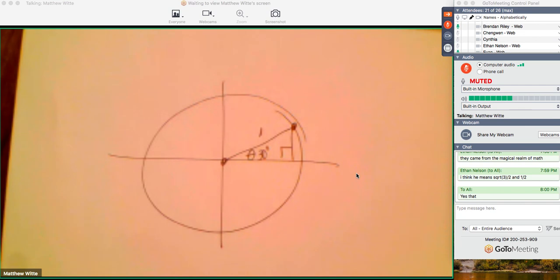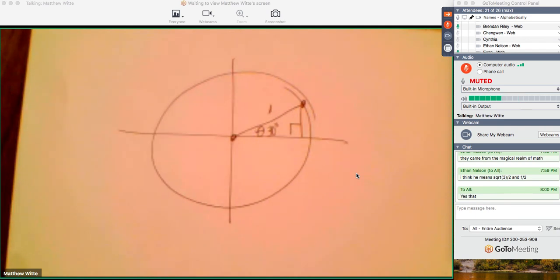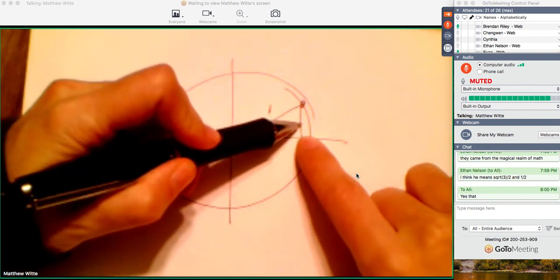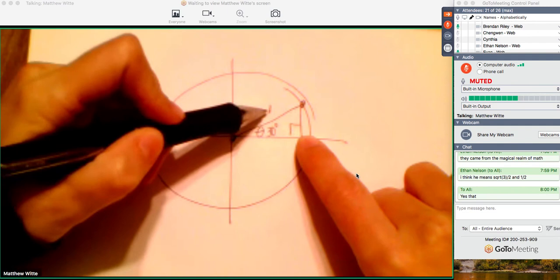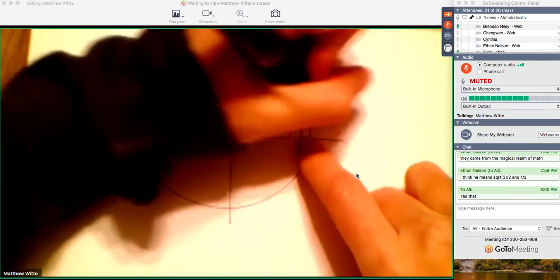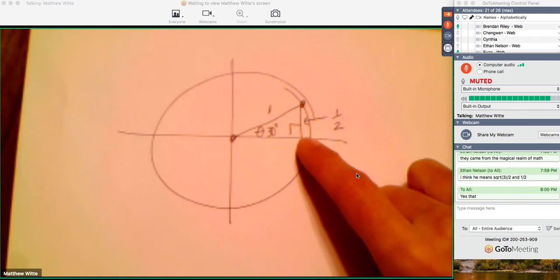And the reason they're special is because of the properties and theorems that come with them, which is that for a 30 degree angle, your short leg is always half of your hypotenuse. So this leg is going to be half of the hypotenuse. So half of 1 is 1/2.